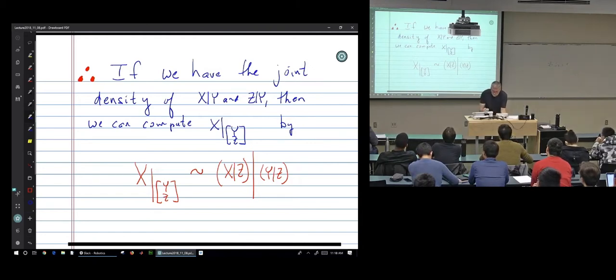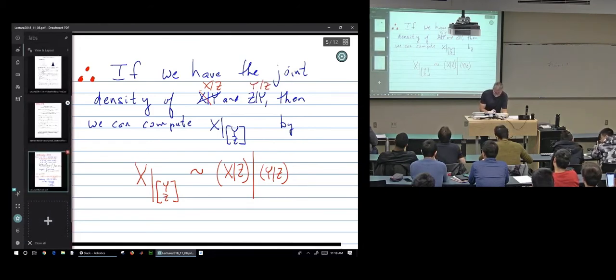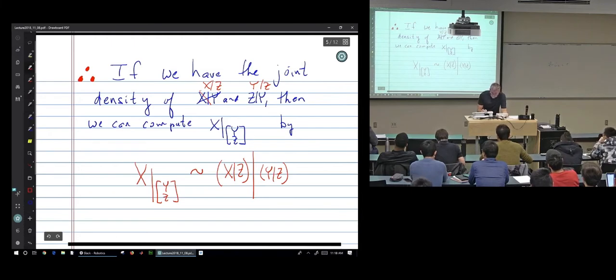And that's wrong. That's x given z, and this is y given z. Okay, z is the old stuff. And it's x given z. Oh, I've got it written down here correctly, okay?